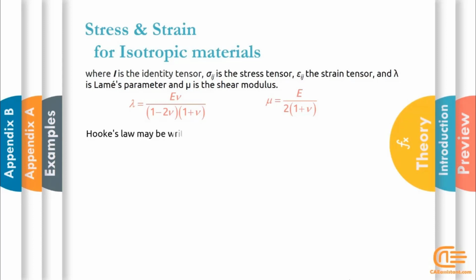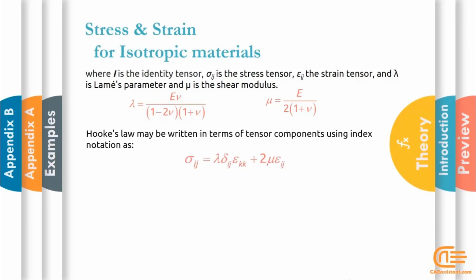Also, Hooke's law may be written in terms of tensor components using index notation as this, where delta ij is the Kronecker delta. So, this is the equation you need for UMAT, and you also need these equations.